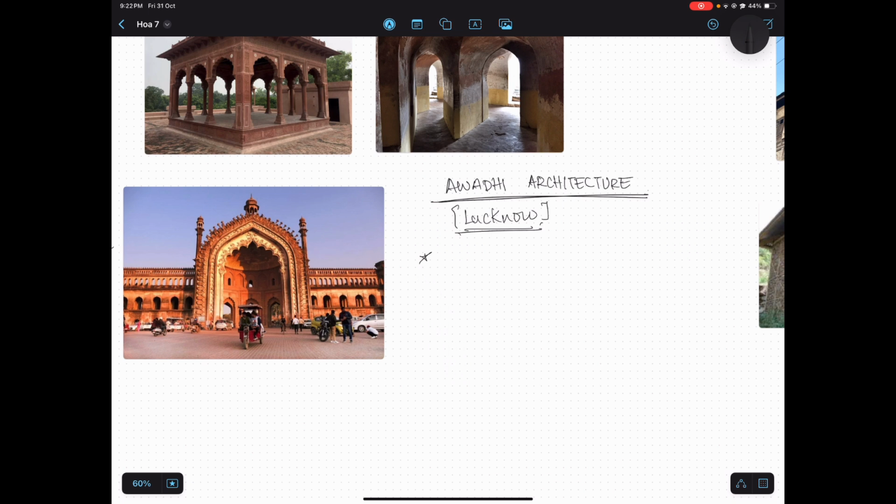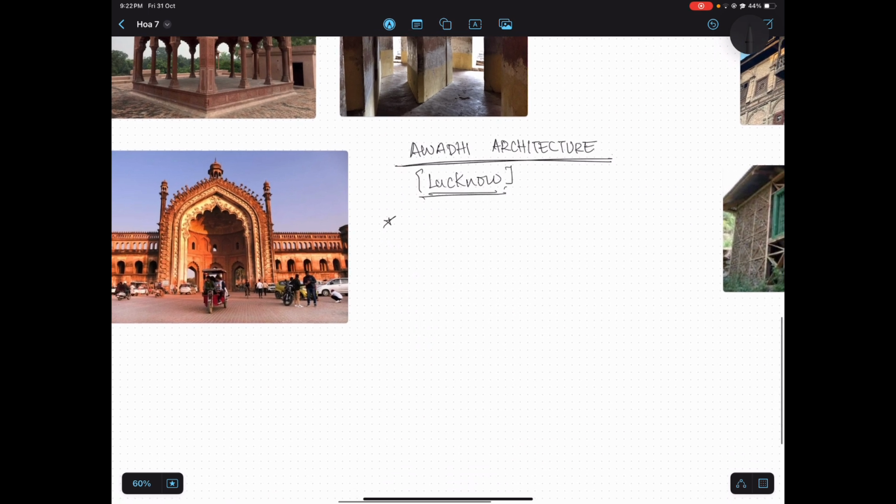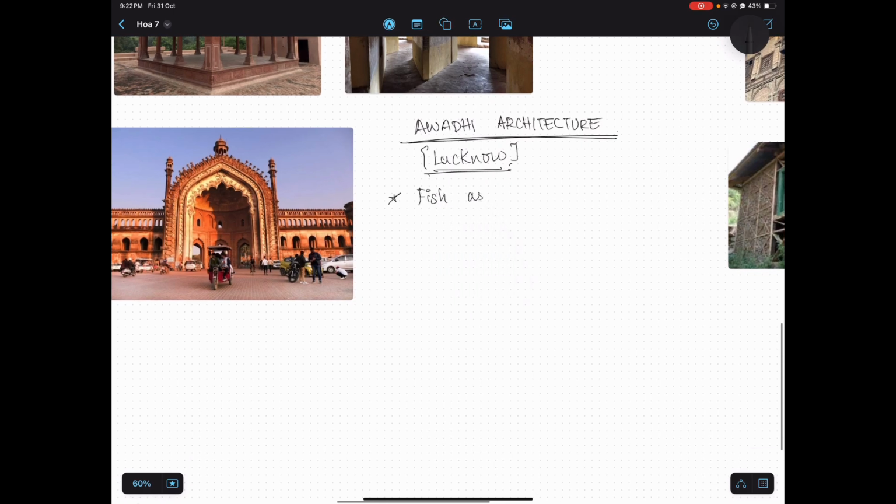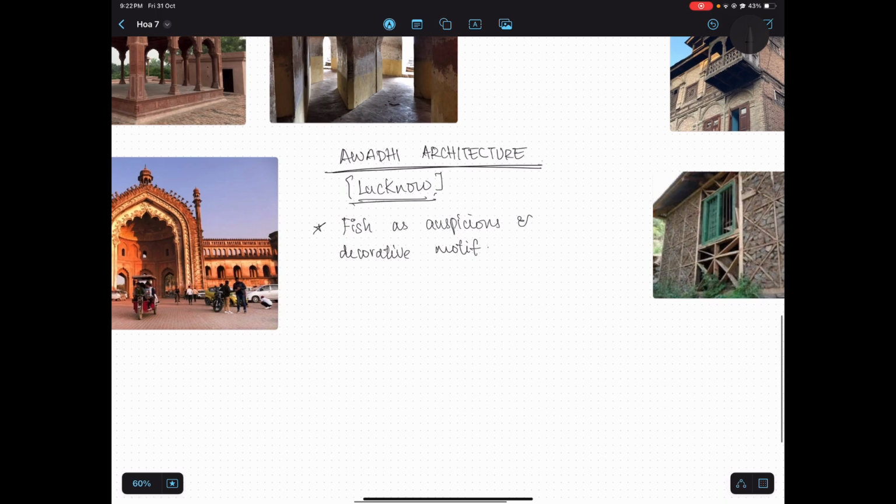An important feature of Awadhi architecture is that they used fish as an auspicious and decorative motif. According to the belief of Islam, living beings are not used in decorations, but here fish is used as a decorative motif.